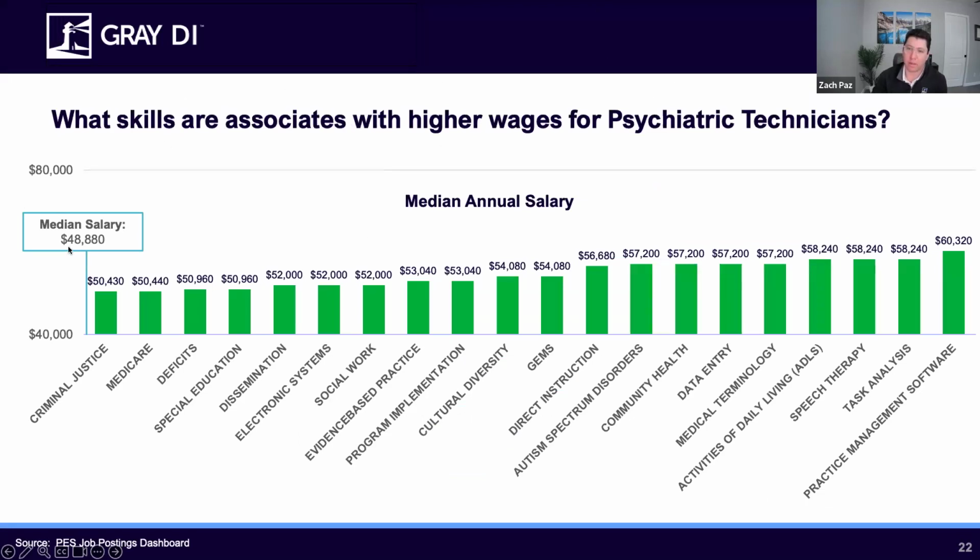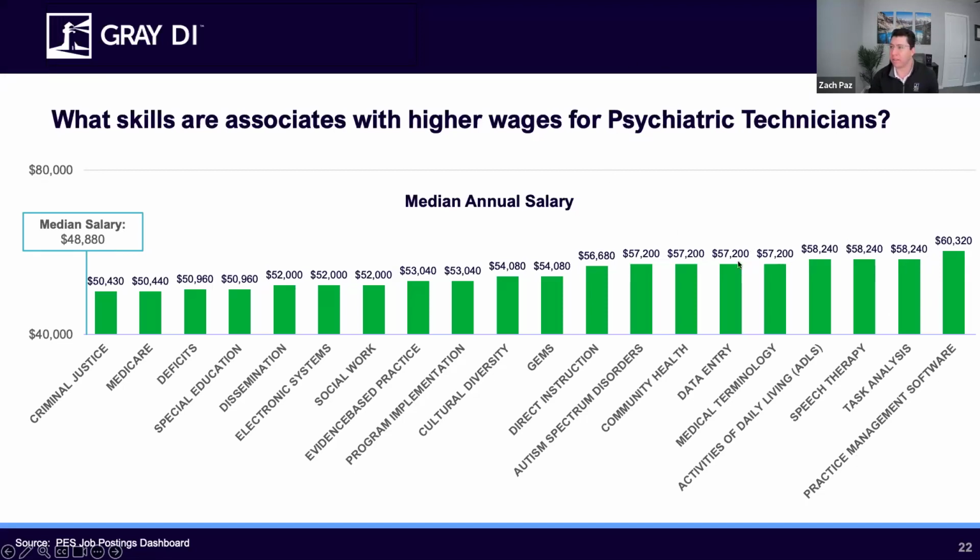And for this occupation, the median salary listed in the job postings was $48,880, right? And so here are the top skills listed that have a higher earnings potential. And the top one is actually practice management software.